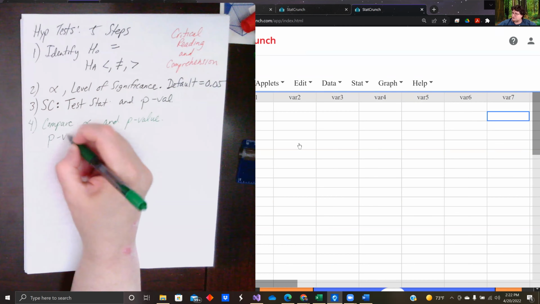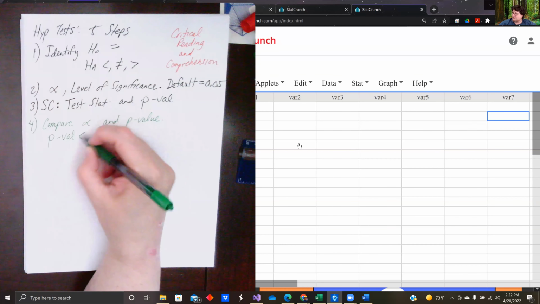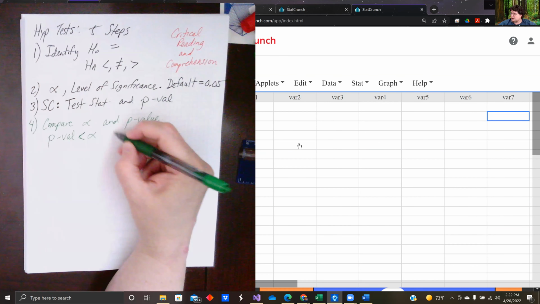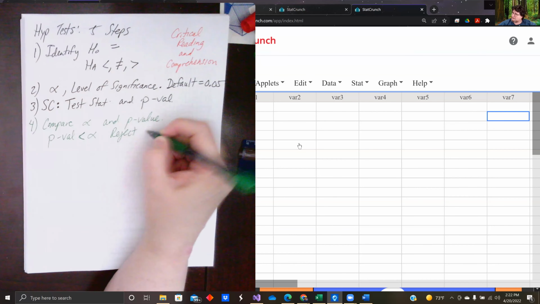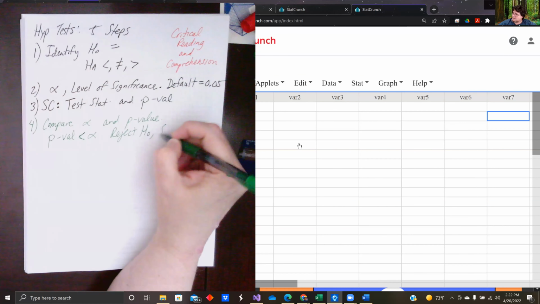If the p-value is too low, it means it's less than alpha. The p-value is too low, we reject the null, reject H0, support HA.